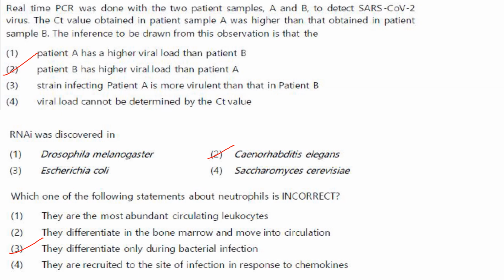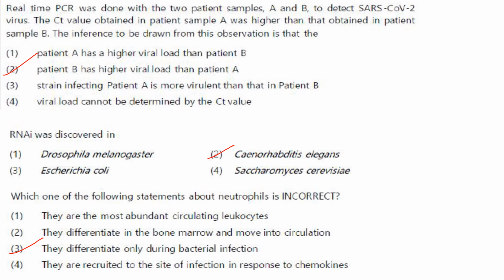So CT values are inversely proportional to the amount of the target DNA or RNA in your sample. That means a lower CT value indicates a high amount of the nucleic acid, and a higher CT value means a lower amount of nucleic acid.